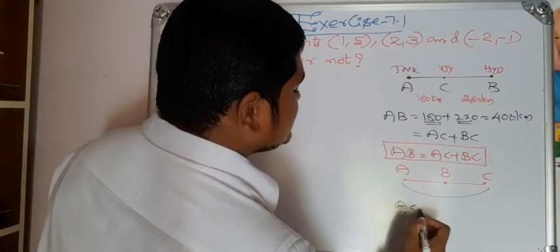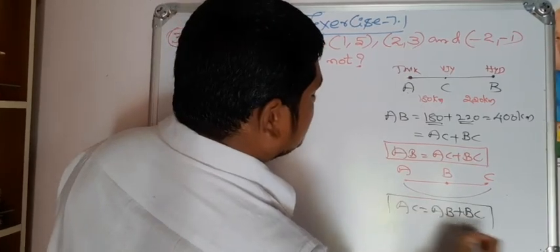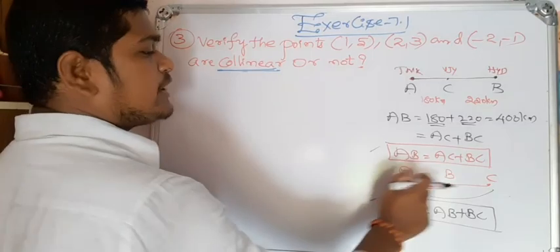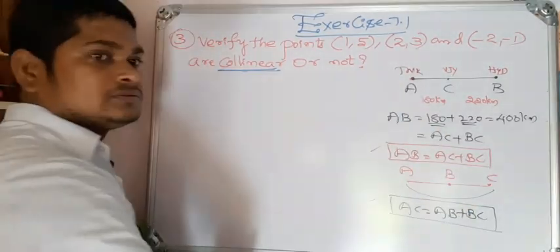That means AC is equal to AB plus BC. We won't follow only the earlier one, we can follow this one also. According to the points, we have to take care. So AC must be equal to AB plus BC.